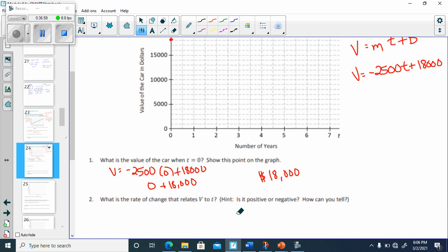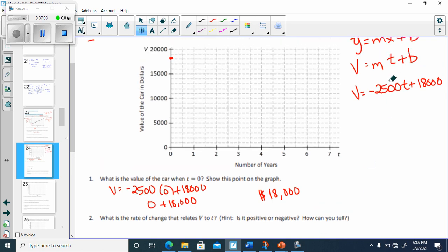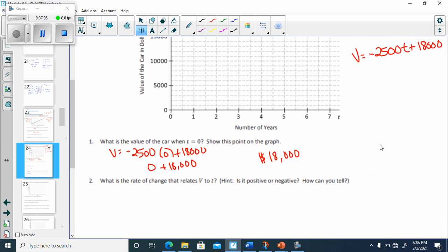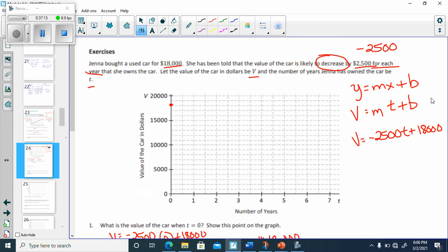What is the rate of change that relates V to T? Is it positive or negative? How can you tell? Here's our rate of change. It's negative 2,500. Now, that's negative 2,500 what? Well, let's think about it. Our M is our change in Y over our change in X. That would be dollars on the Y-axis, and X is years, right?